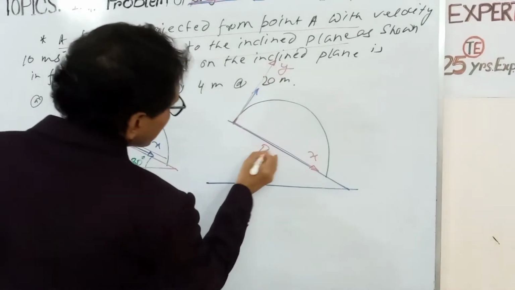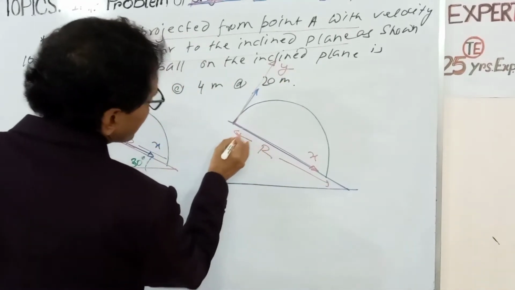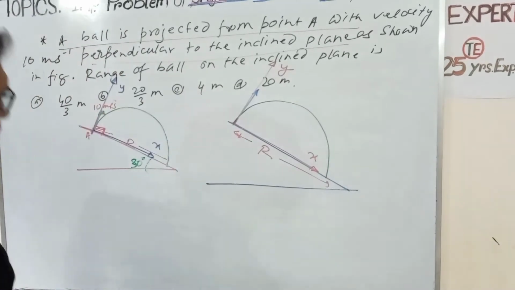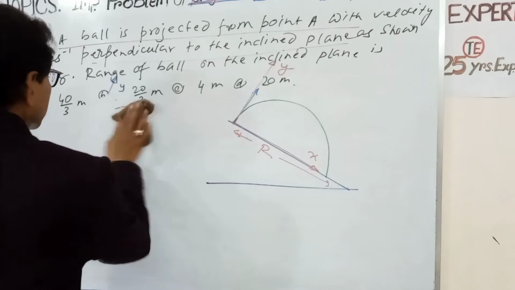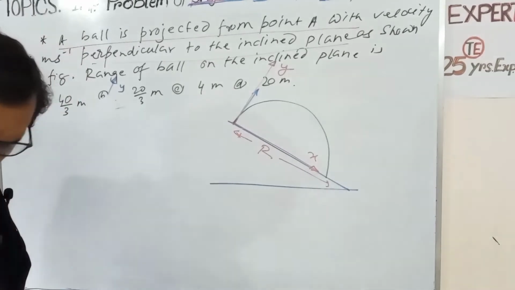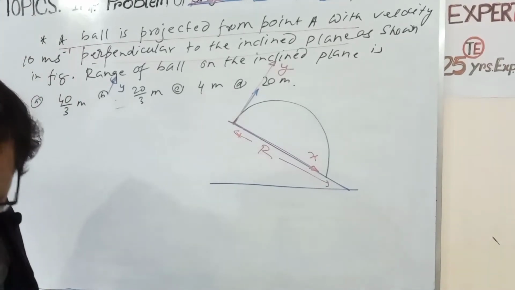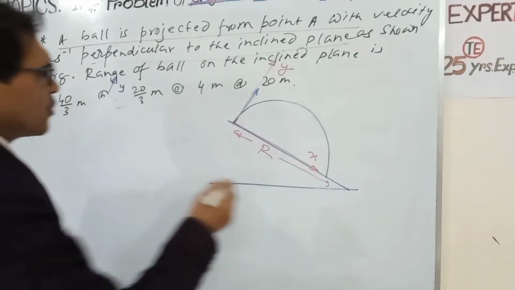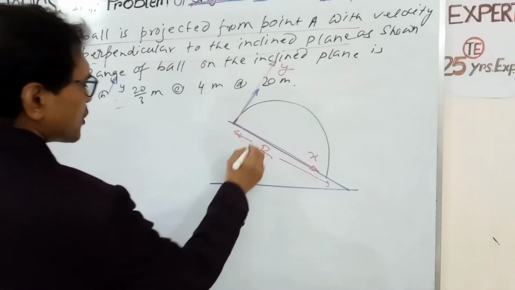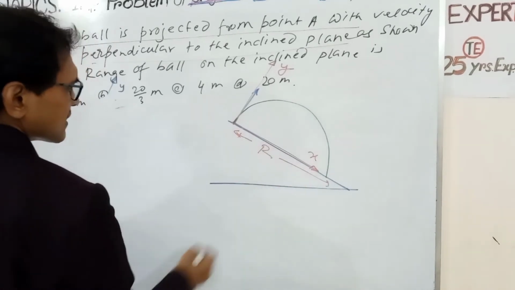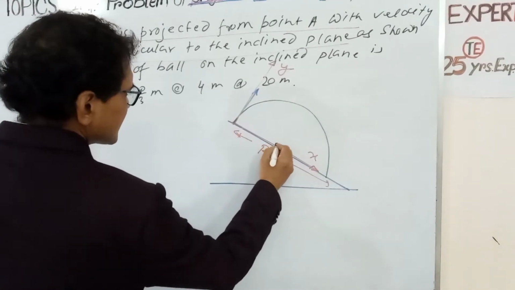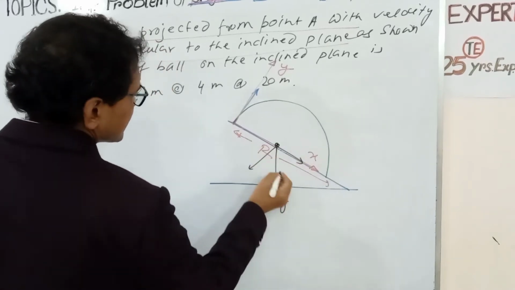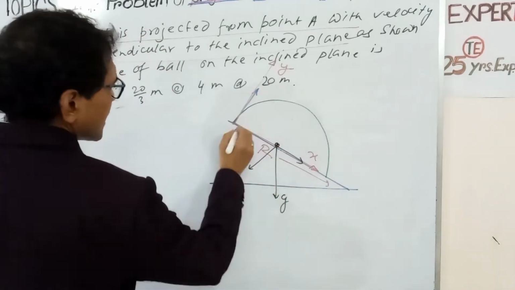So you have to calculate the range here. Now consider, always resolve the velocity and acceleration along x and y direction. So here acceleration is along this, and velocity along x and y.